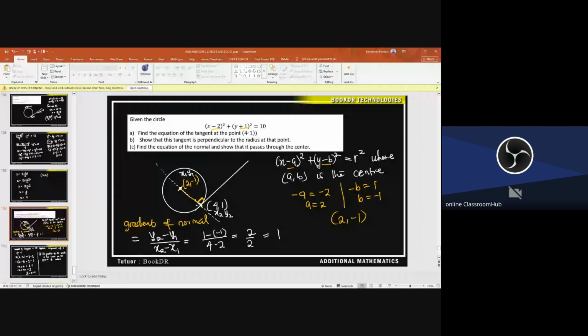Since the normal is superimposed, it's just in line with the radius. They will have the same gradient. So the gradient of the radius is exactly that of the gradient of the normal.